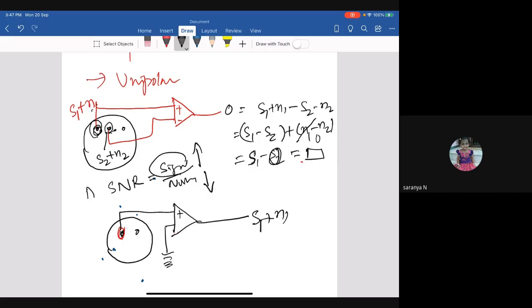But here you can notice that I have this noise, but at the same time, I am not losing anything in the S1. Whereas here I am losing some information in the form of S2, because S2 is substituting S1. That's why I am losing information in the main signal. But here I am not losing anything, only I still have some kind of noise.